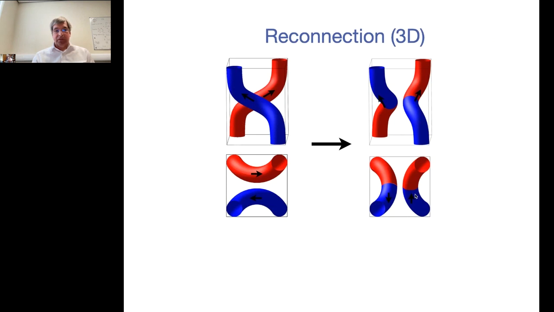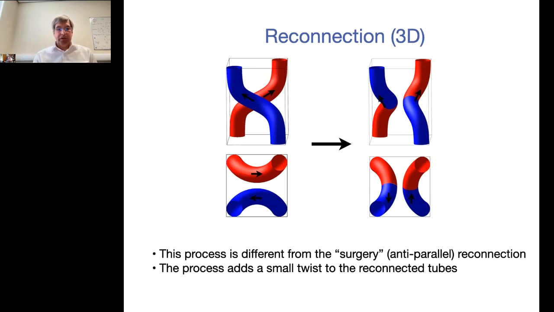This scenario is slightly different but similar to the surgery which is considered in knot theory. If the flux tubes were exactly antiparallel and lay in a plane, it would actually be the same as the surgery.